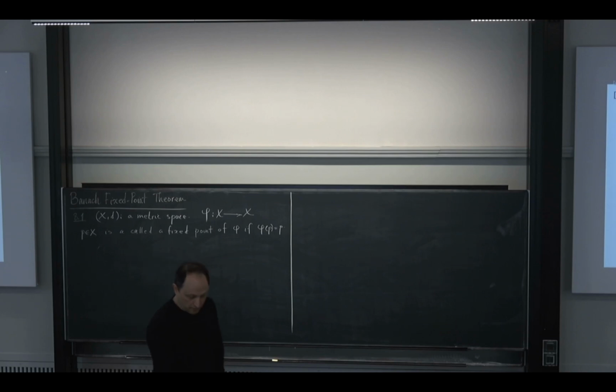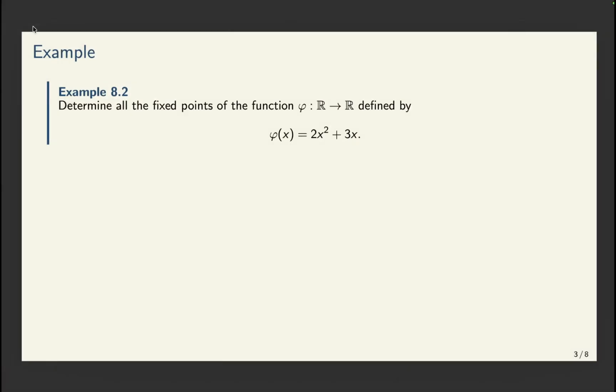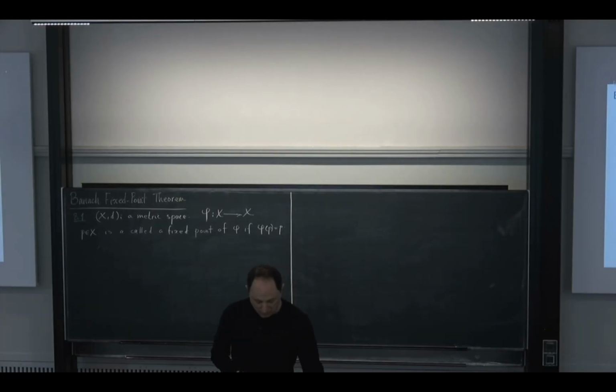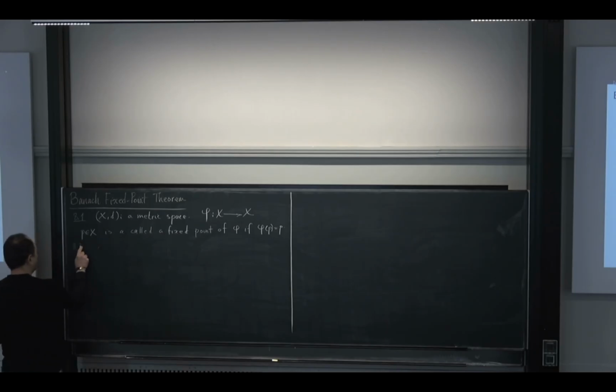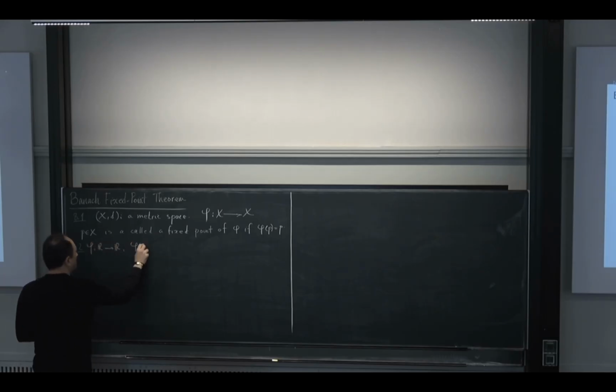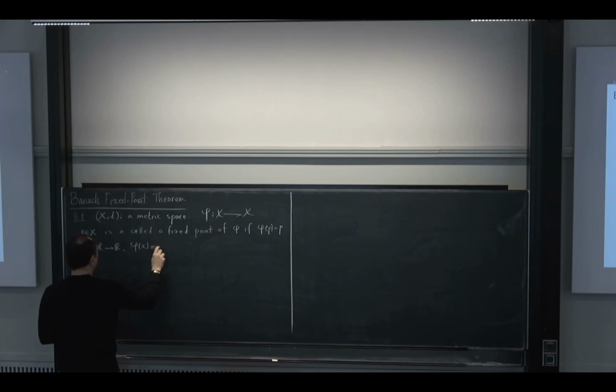For example, I have asked you to determine all fixed points of the following function. It's just a high school problem. I have given you phi of x, 8.2, defined from R to R, as this very simple polynomial: 2x squared plus 3x.